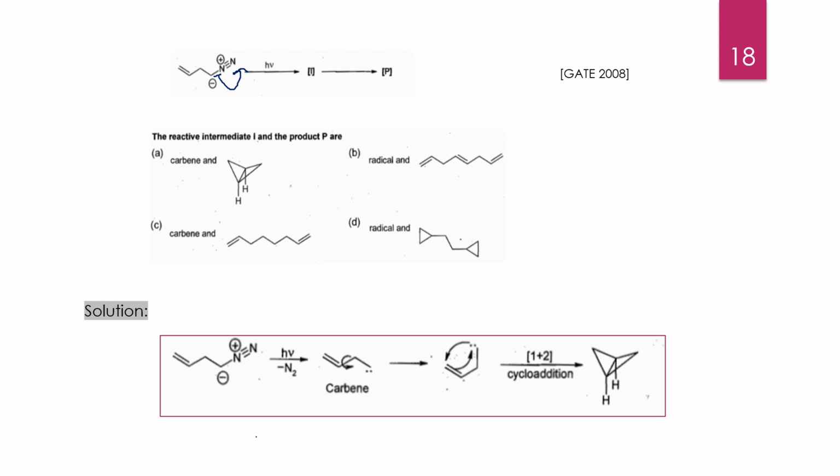Professor Rajeshi has already taught you, I have seen that. So it will add into this double bond, giving us this product. So which will be the option? This one.